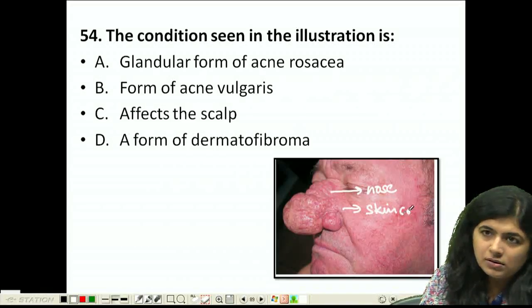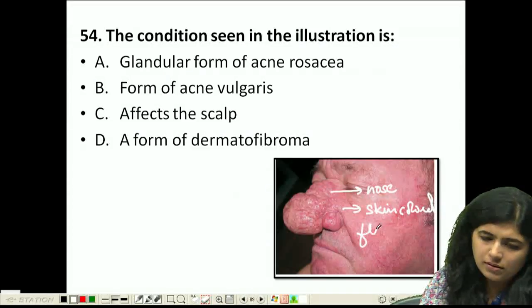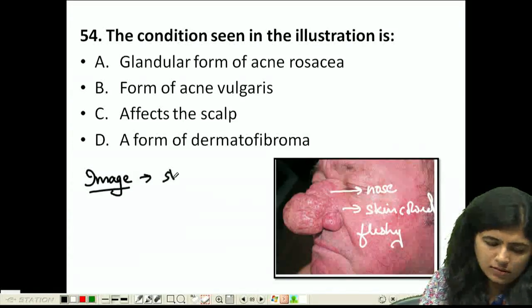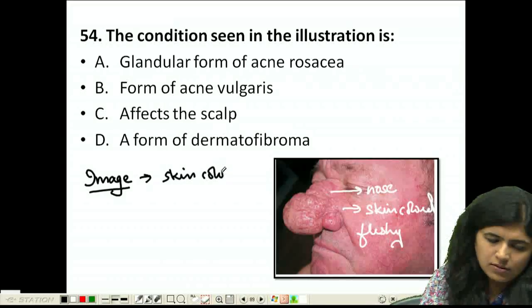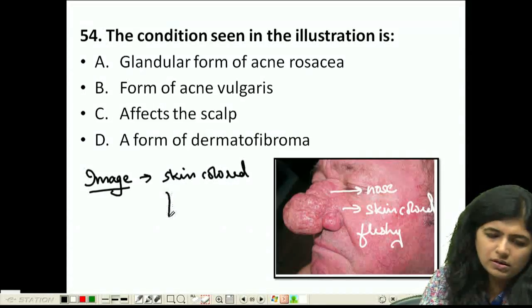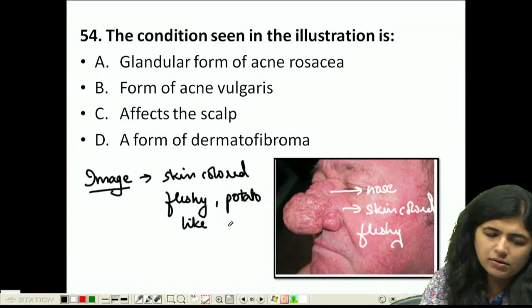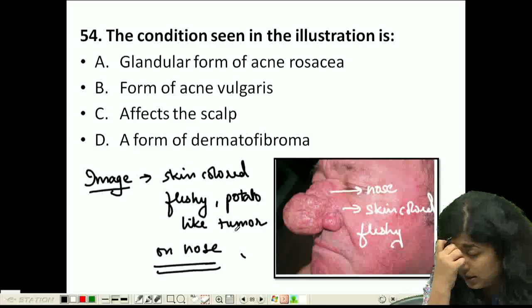There is a skin colored, fleshy, potato-like tumor on the nose. What is this?